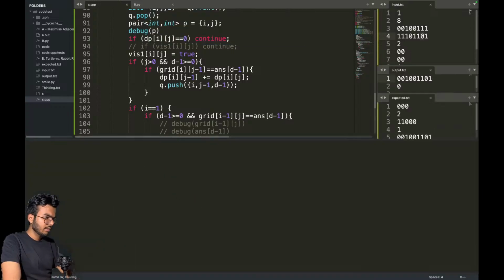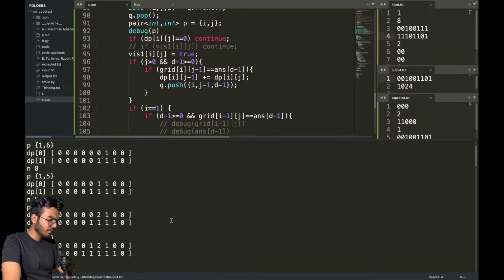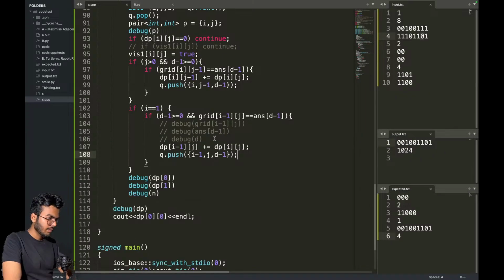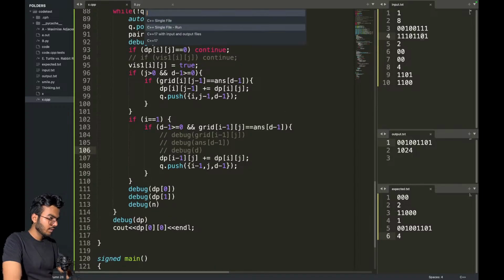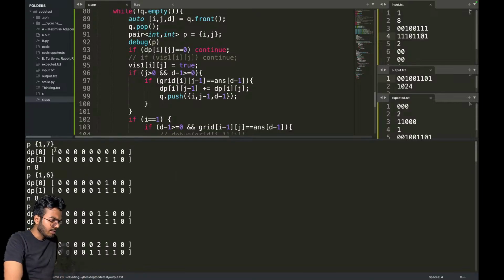And then still we are getting 1024. So what am I doing wrong? Okay, so we are at 1 7, then we go to 1 6, and when we go to 1 6 I spread it.